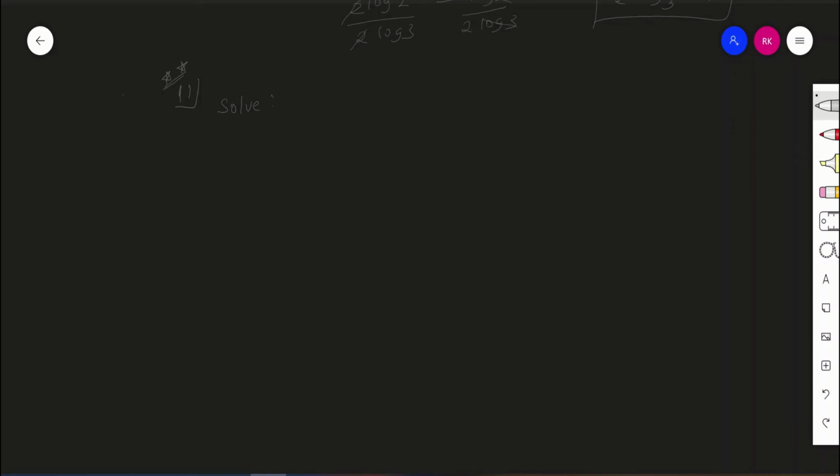So just solve: log 9 base 2 square, and in the power 1 upon log 2, log 9 base 2 into root 7, power 1 upon log 7 base 4.